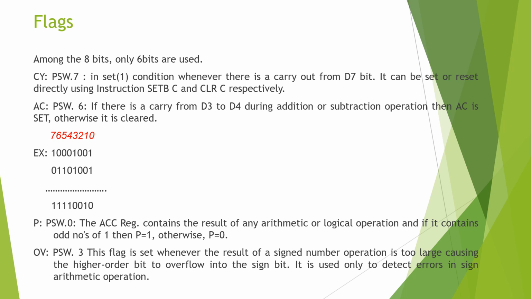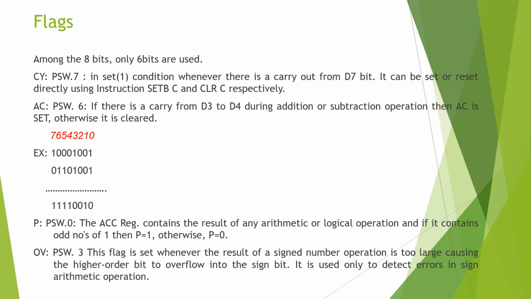Suppose this is my first number and this is my second number, and we want to add these two numbers. When we add these two numbers, 1 plus 1 means 0, 1 is carry, so this is your 1, and then the next bits are 0 and 0, so 0 0.